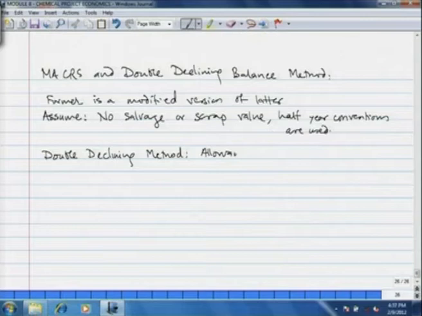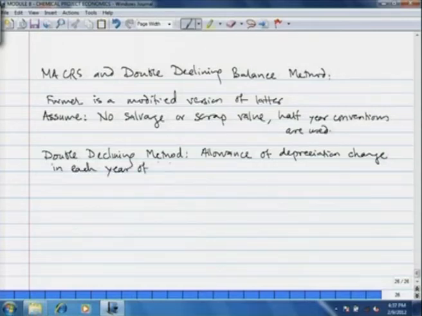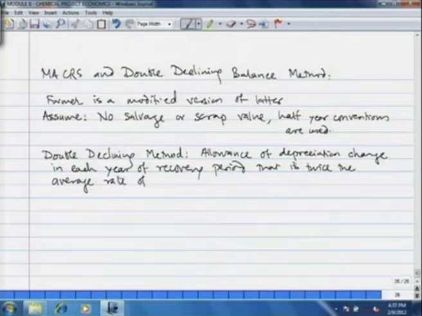Allowance of depreciation charge in each year of recovery period that is twice the average rate of recovery on the remaining undepreciated balance.